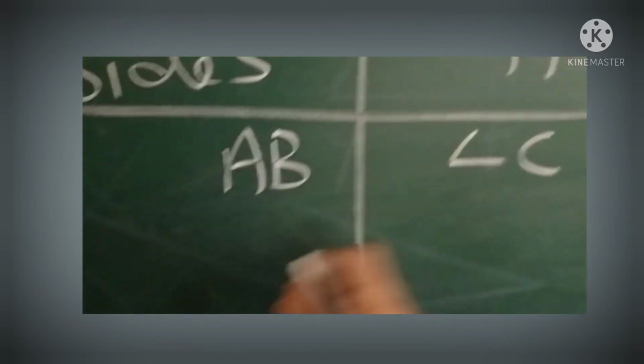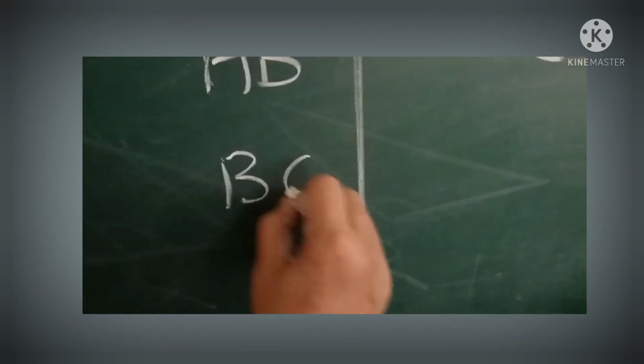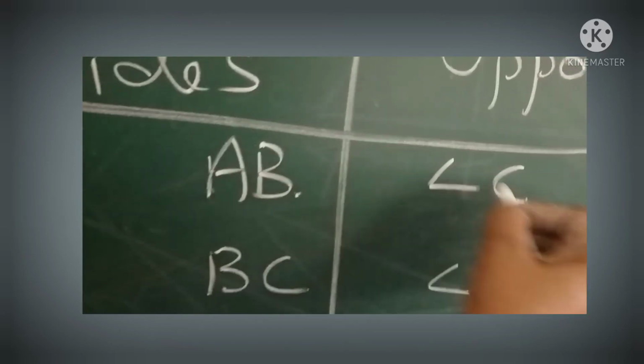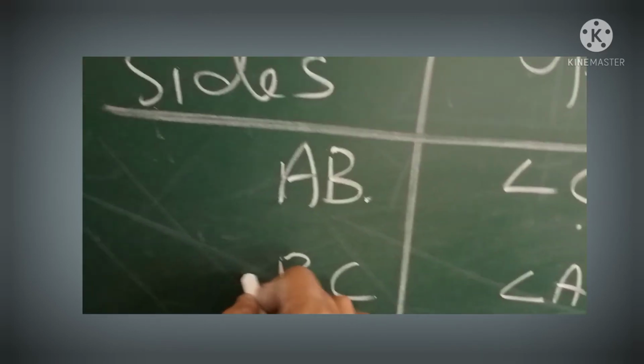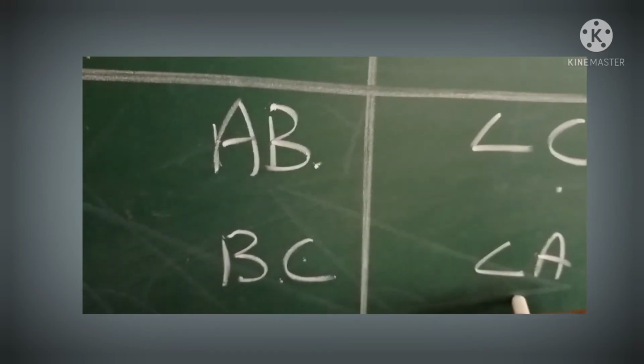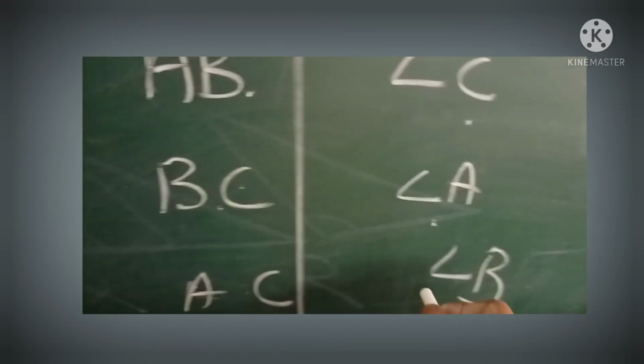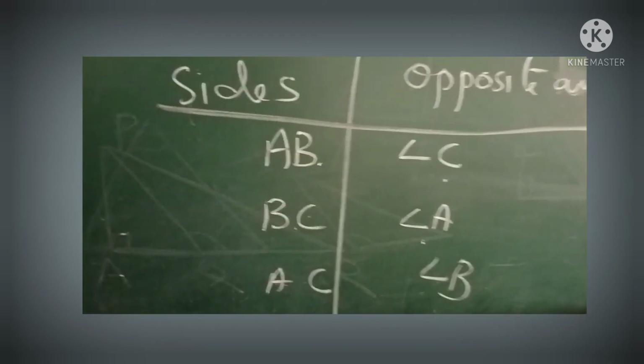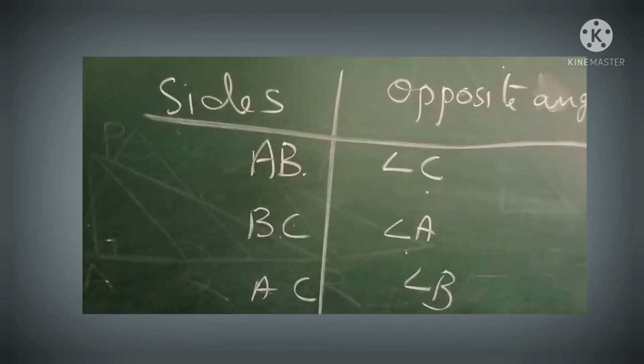Then the angle opposite to AB is angle C. And BC, the angle opposite is angle A. AC, the angle opposite is angle B. So for each side, the third vertex is opposite. For BC, the third vertex A is opposite. For AC, the third vertex is B. So this is the way we can write the angle opposite to each side, and the reverse process also.